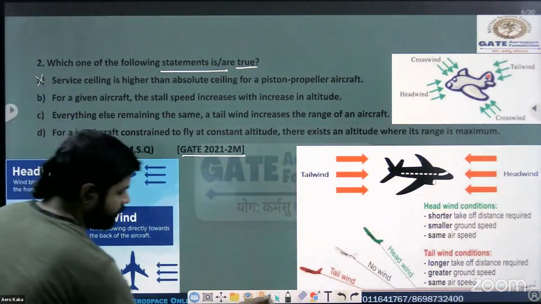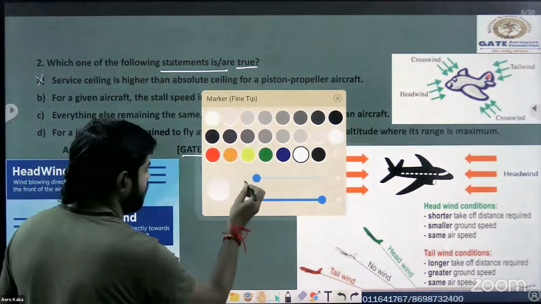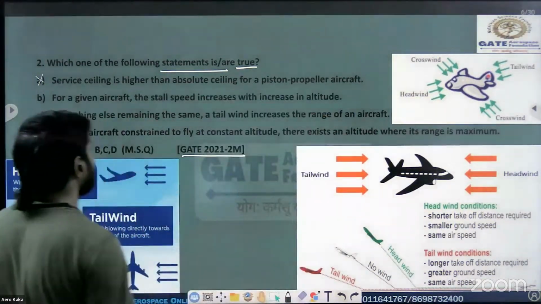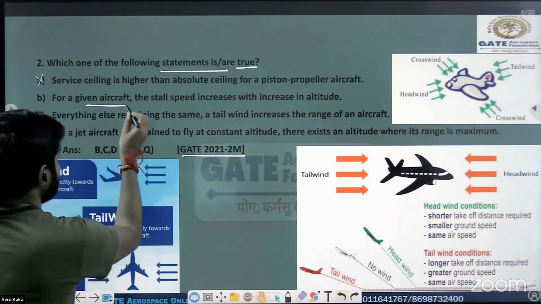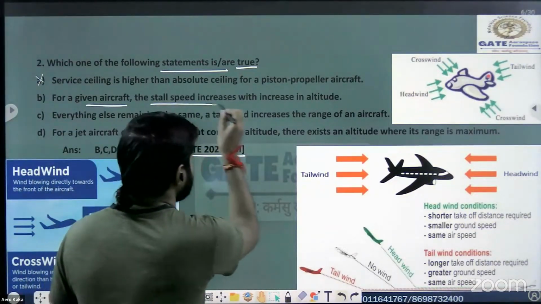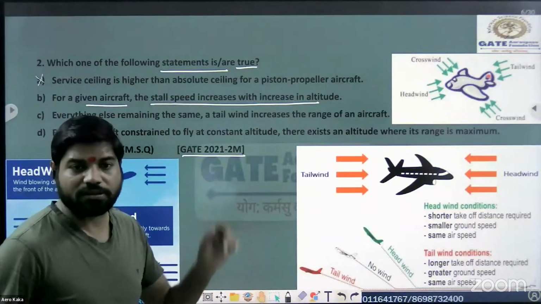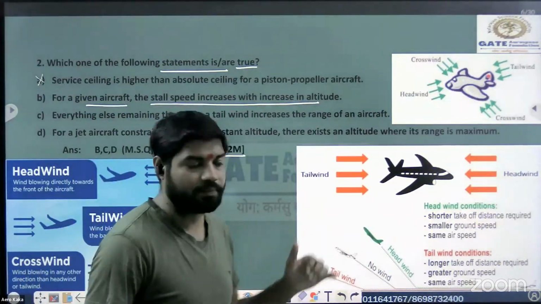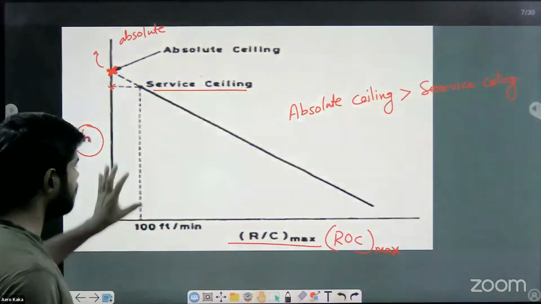Now we talk about the second point here. They are saying for a given aircraft, the stall speed increases with increase in altitude. I think we have discussed this question in the last class, right? Now, what is our stalling speed?